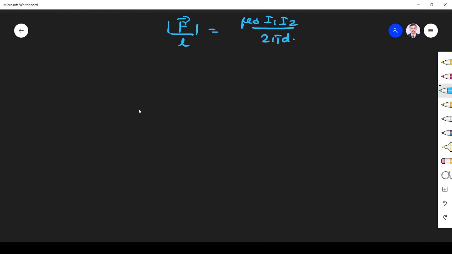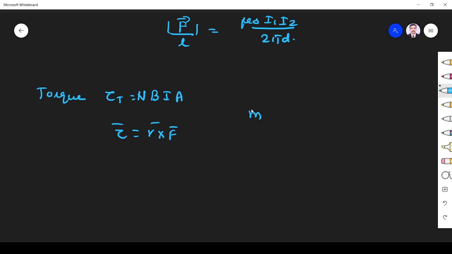Then we have to know torque. Total torque is given by BIA: flux density, current, area. If the loop contains N turns, it is NBIA. In vector form, tau is equal to R cross F. This is torque. Fine.